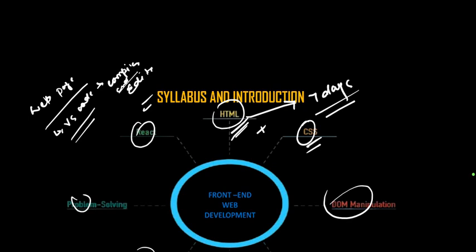For CSS, we can say the human in its original form. With the help of CSS, we can design this. And if we are talking about JavaScript, what is the work of JavaScript?